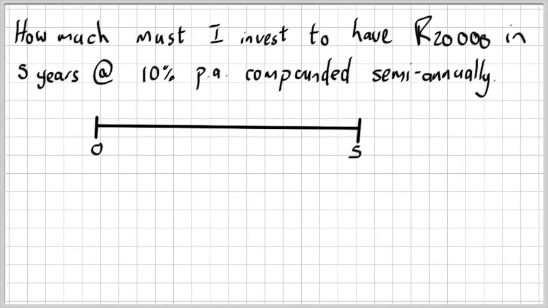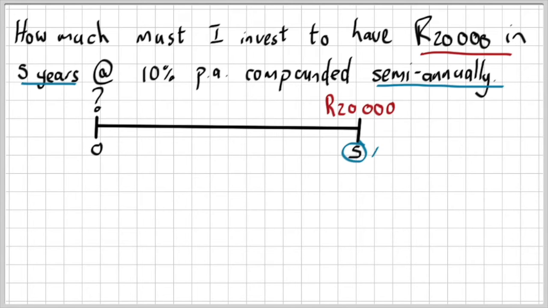When I look at a sum like this, it's always good to analyze, to mine into the information. So how much must I invest to have 20,000 Rand? So that is my final value. In 5 years' time, like my timeline, but now you will see that I highlighted the word semi-annually.